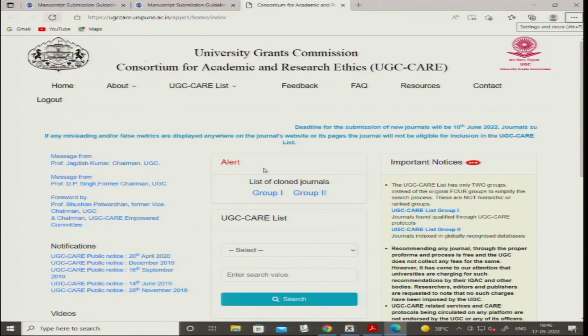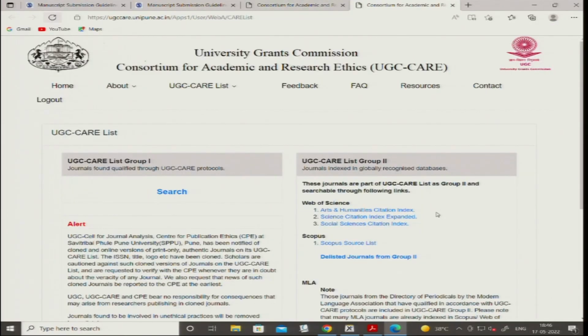So when you have to find a suitable journal, how do you use the system? As I told you, there are two group lists available here, UGC CARE list group 1 and UGC CARE list group 2. Let's try to understand how to find a suitable journal using this service.